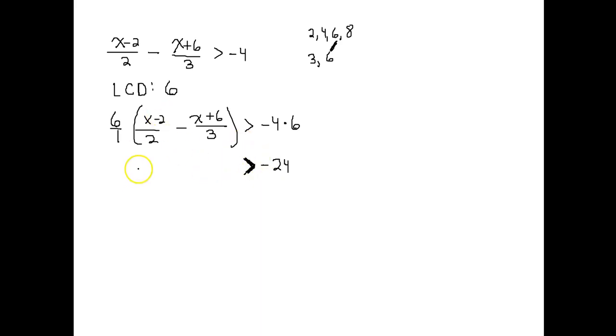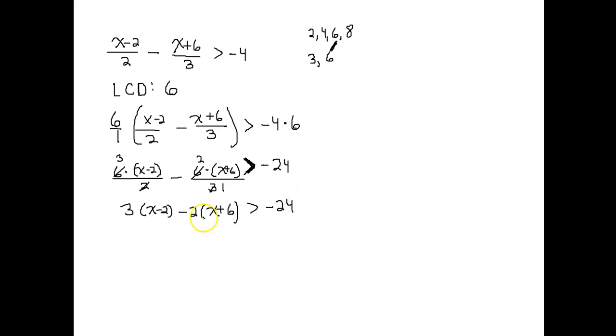Okay, over here, I've got 6 times the x minus 2 over 2. 6 and 2 reduce to 3, so I got 3 times x minus 2, minus 6 times the x plus 6 over 3. 6 and 3 reduce, so I got minus 2 times x plus 6.